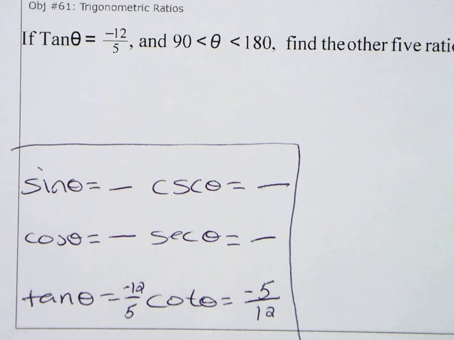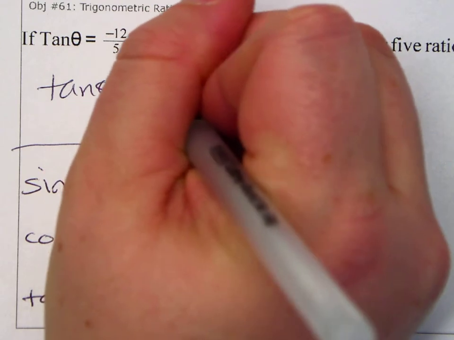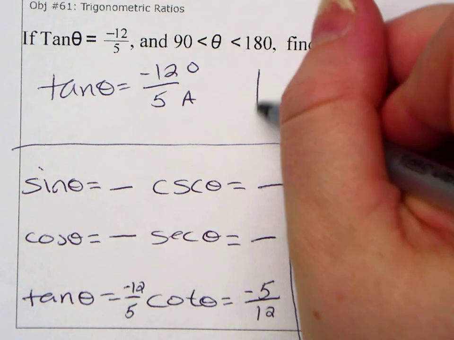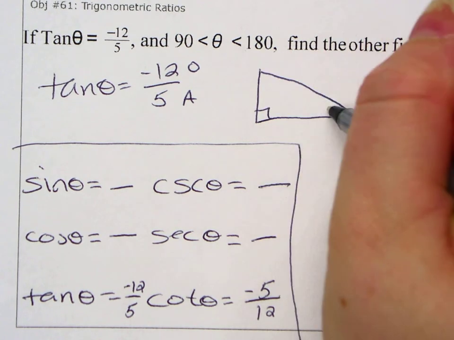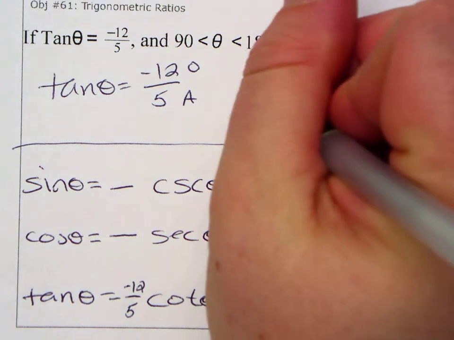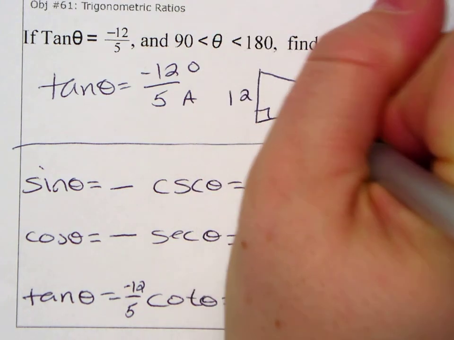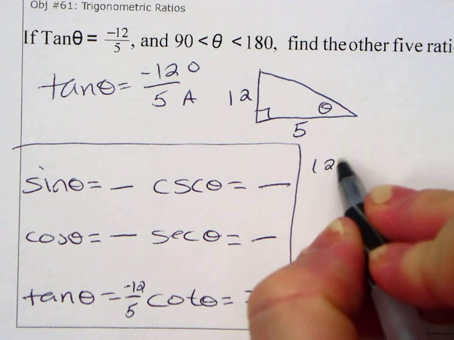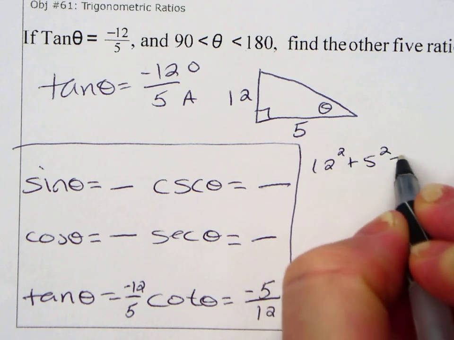Okay. All right, so now we need the other side, right? What's tangent? Tan is opposite over adjacent. So I'm going to make my triangle. Which way is opposite? Sorry. Opposite, adjacent. Clearly my triangle makes no sense, but that's okay. We're going to do Pythagorean theorem to find the third side. Again, if you know it, you can just write it. 12 squared plus 5 squared equals c squared.